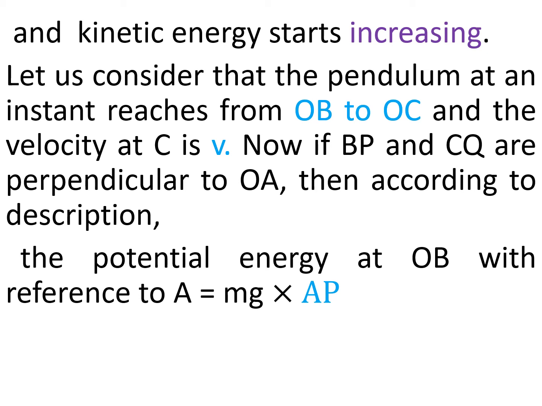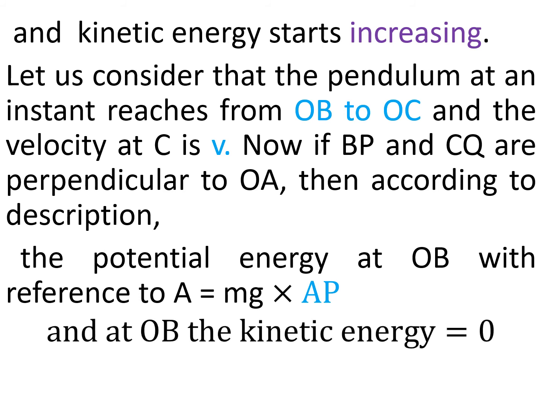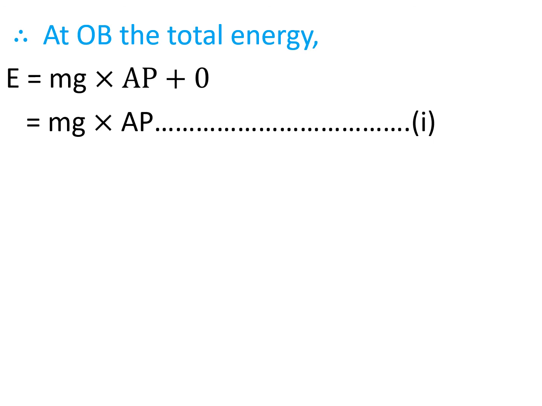Please look at the figure, then you can understand what I have written here. At OB, the kinetic energy is 0. So at OB, the total energy is mg into AP plus 0, equal to mg AP. This is one equation.